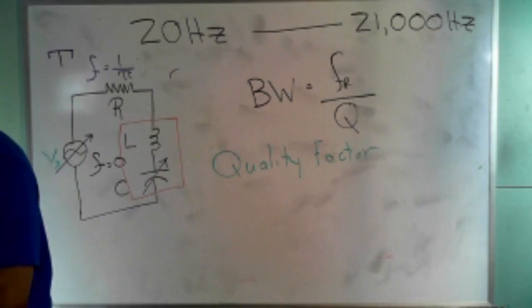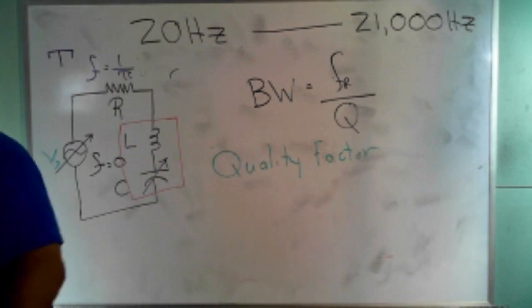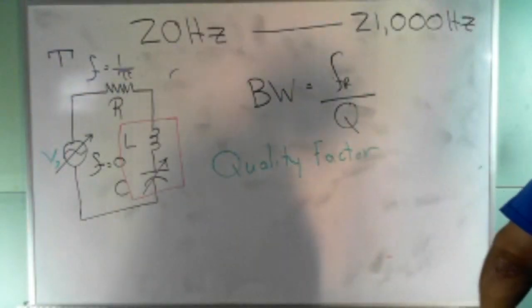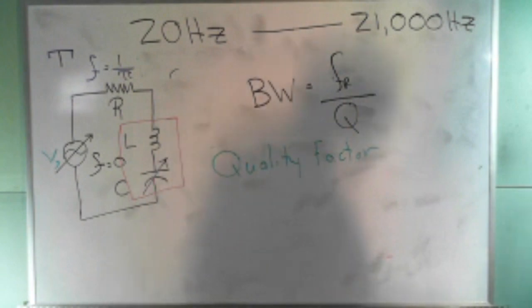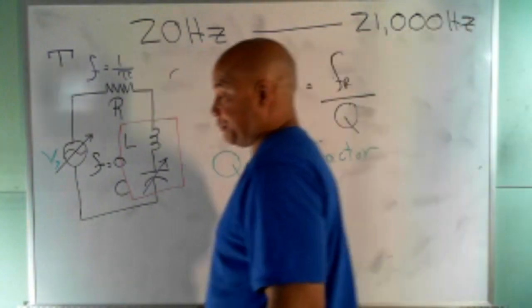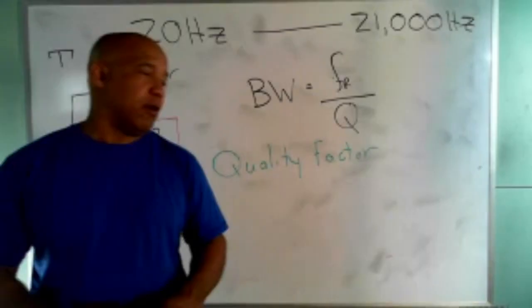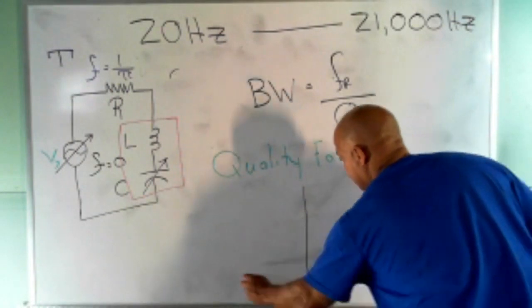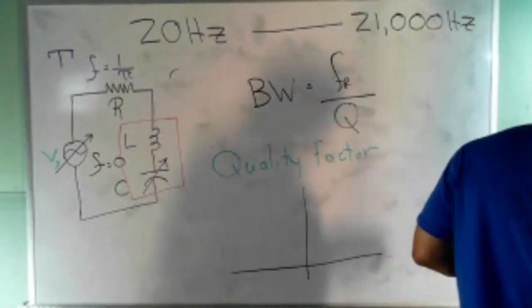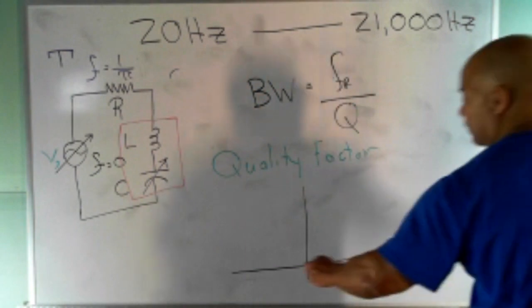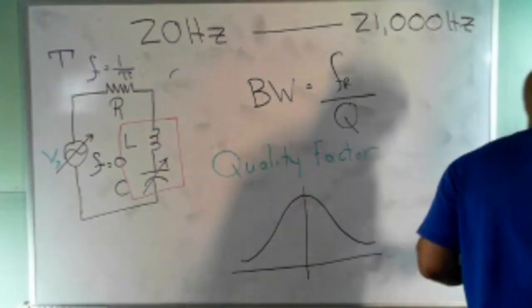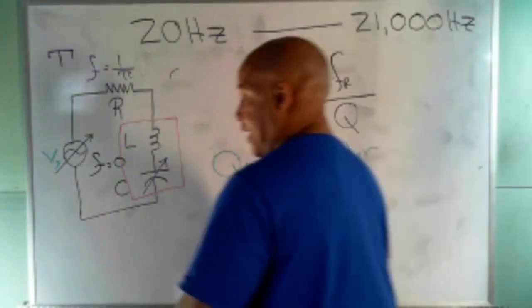And what you will see, let me see if I can draw it on the board in case you don't have it. The graph looks like this. You see your resonant curve. And they have one like this, and one like this.